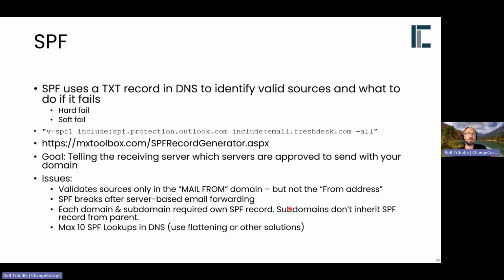And another problem sometimes happening is that you have a maximum of 10 SPF DNS lookups. Meaning, let's say this include here, spf.protection.outlook.com, contains another 5 includes, there will be an SPF record at this address, and this address could include another 5 include statements.